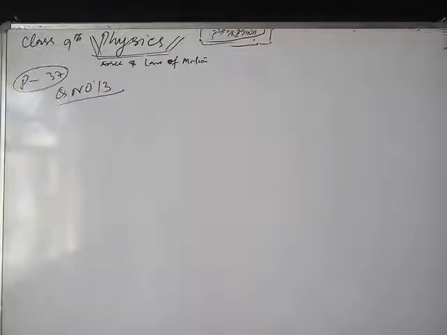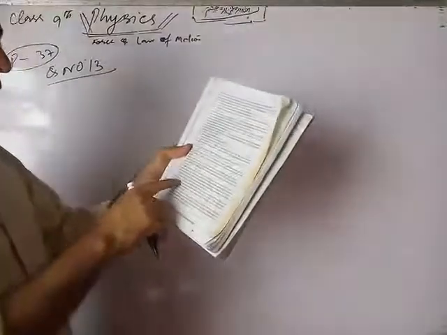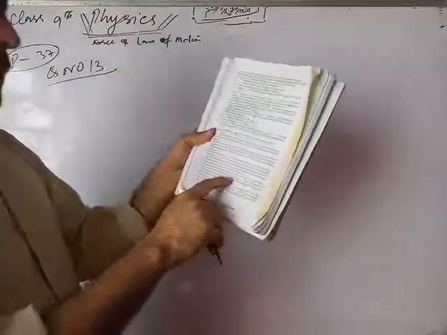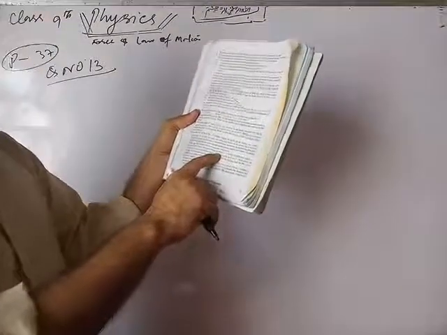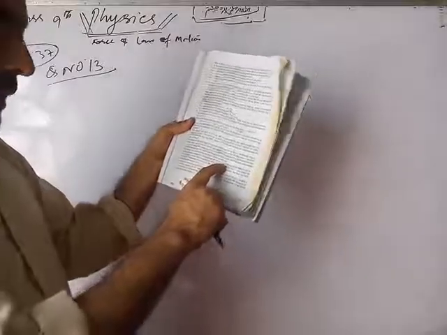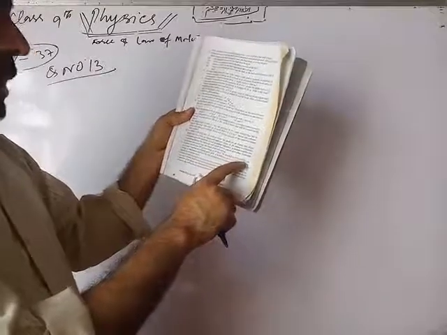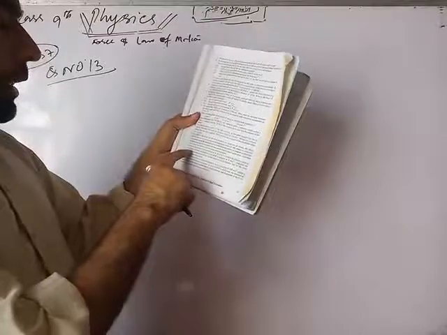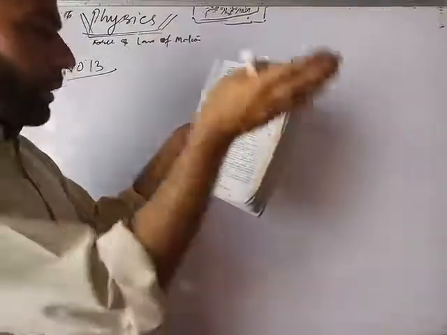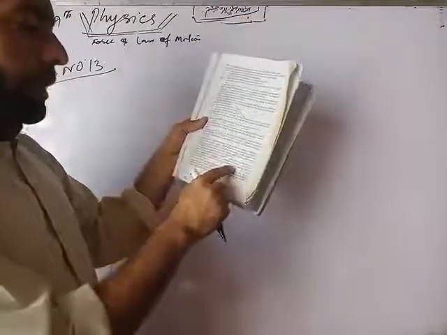And now question number 13, ये numerical based question है. Question number 12 बाद में समझाऊंगा, वो theoretical है. A hockey ball of mass 200 grams traveling at a speed of 10 meter per second is struck by a hockey stick so as to return it along the original path with a velocity of 5 meter per second.